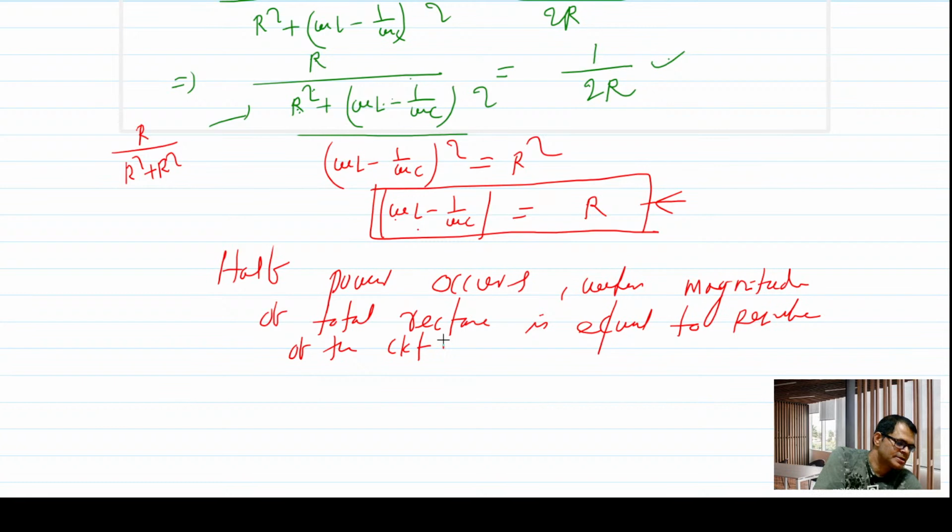Yeah, resonance, there are a lot of questions. If the GATE authority asks me to frame the question, then you won't be able to do the questions if you don't study the concept. Okay.